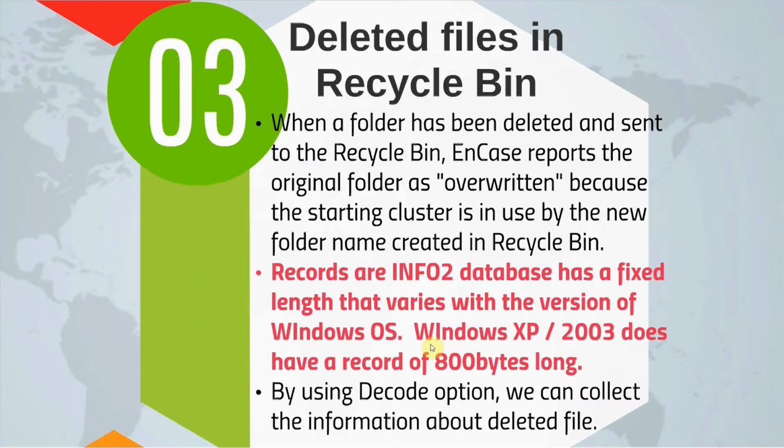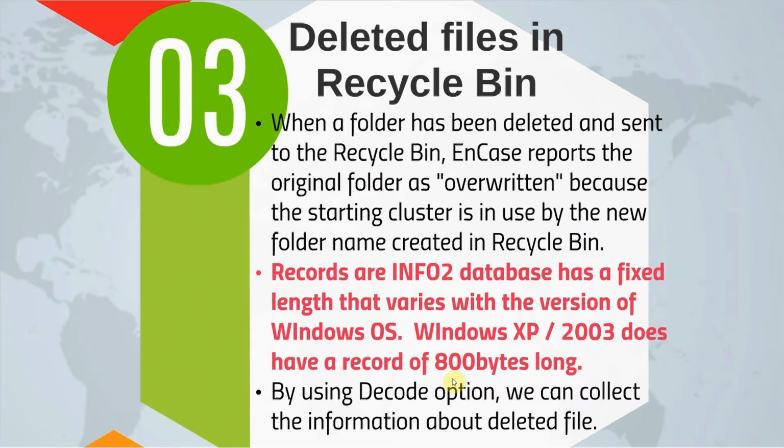For Windows XP and Windows 2003, the Info2 database will have an 800 bytes long record for each individual file. So every file coming into the recycle bin will have 800 bytes dedicated, which will have all the basic information we discussed before.